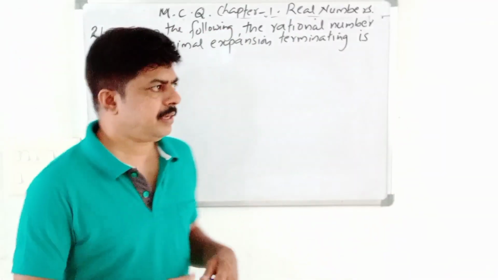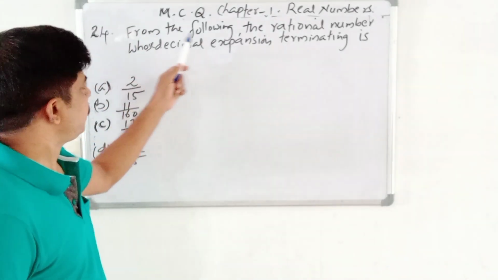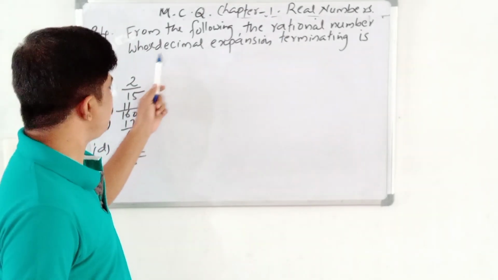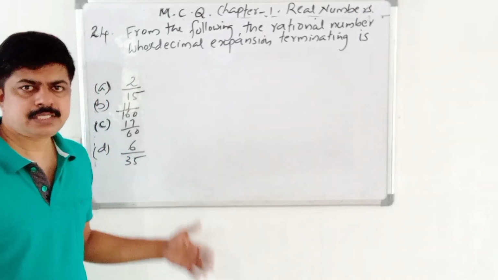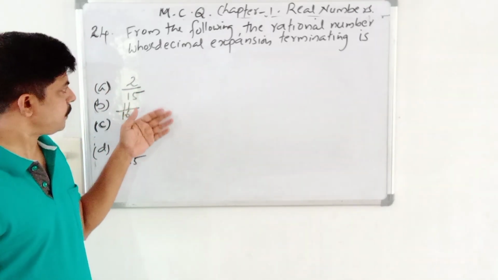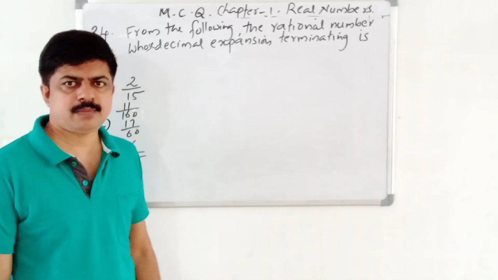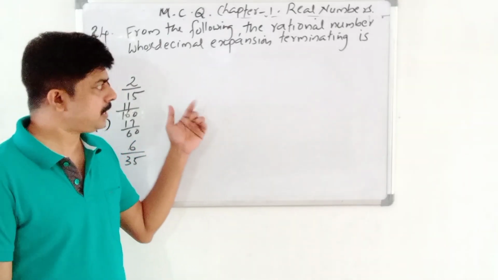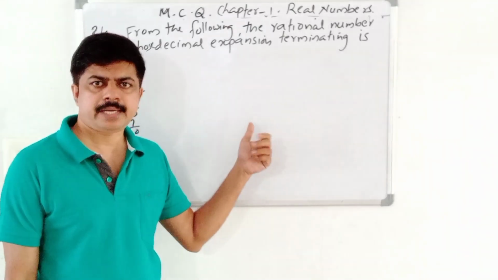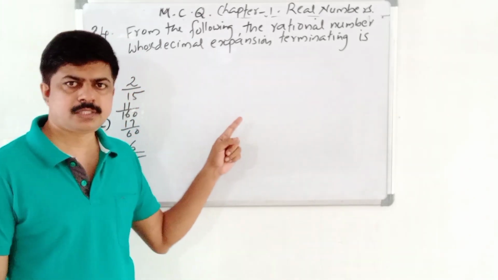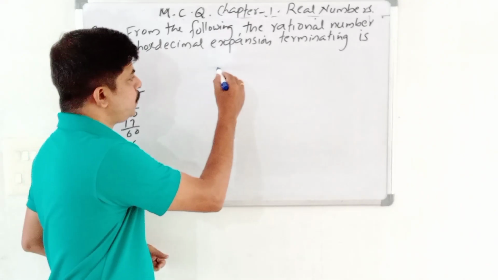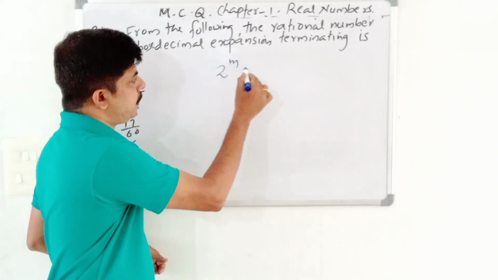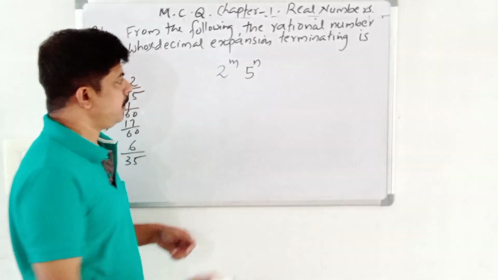Okay. Next question we have: from the following, the rational number whose decimal expansion is terminating is. We are given four rational numbers. We have to check which one is a terminating decimal. We know that if a rational number is a terminating decimal, the prime factorization of q is of the form 2 raised to m, 5 raised to n.